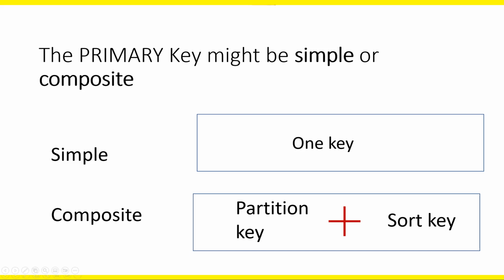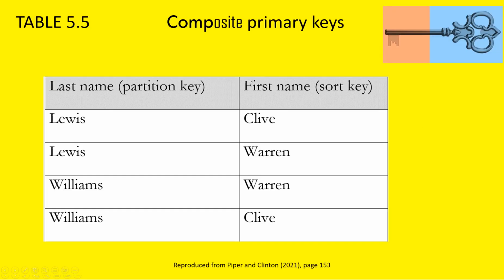Using this approach, you could use the values in table 5.5 for a composite primary key for a table. Neither the last name Lewis nor the first name Warren is unique within the table. But combining the partition and sort keys together creates a unique primary key.